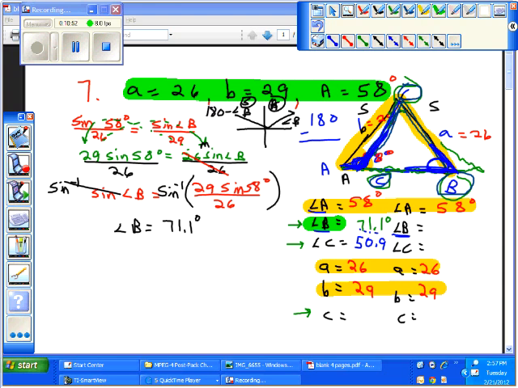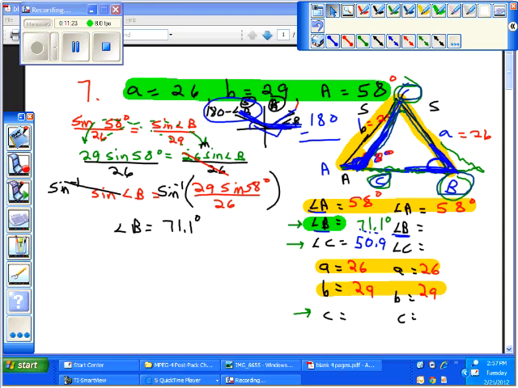The first choice of our angle B is in quadrant 1. The second choice of our angle B would be in quadrant 2, but its reference angle is back to the one we had in quadrant 1. And so to find our angle in quadrant 2, it would be 180 minus our reference angle, you see.